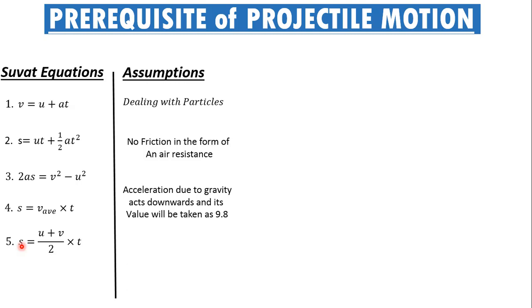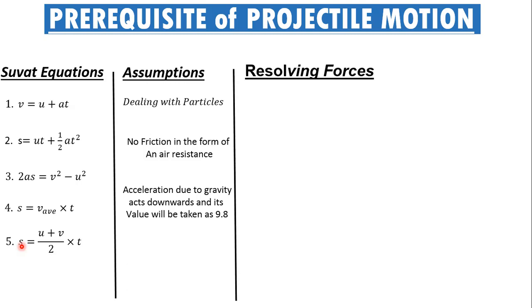Another very important thing, students, that you need to master before going into the projectile is the resolving of forces or the resolution of vectors. Just consider when the football or the particle, in our case the projectile, is thrown in the air, it has two components.